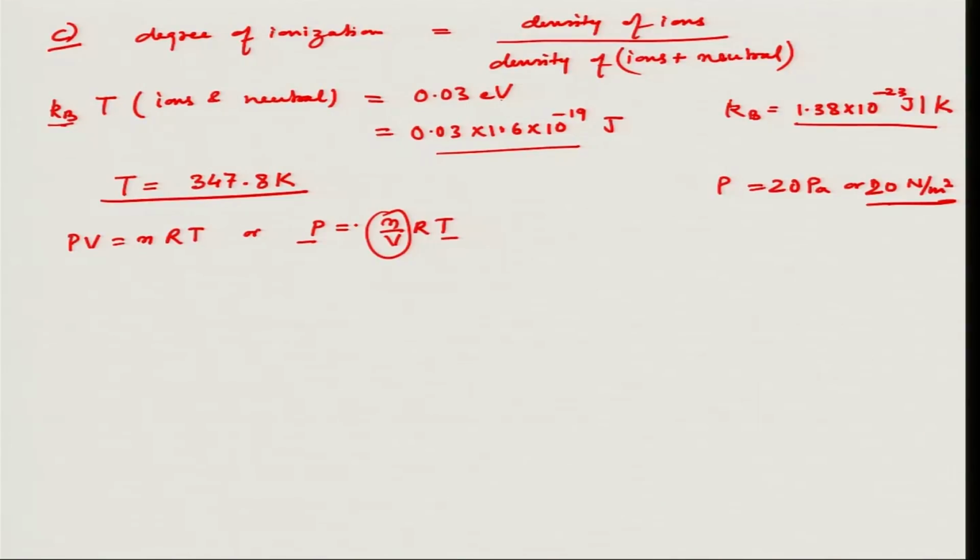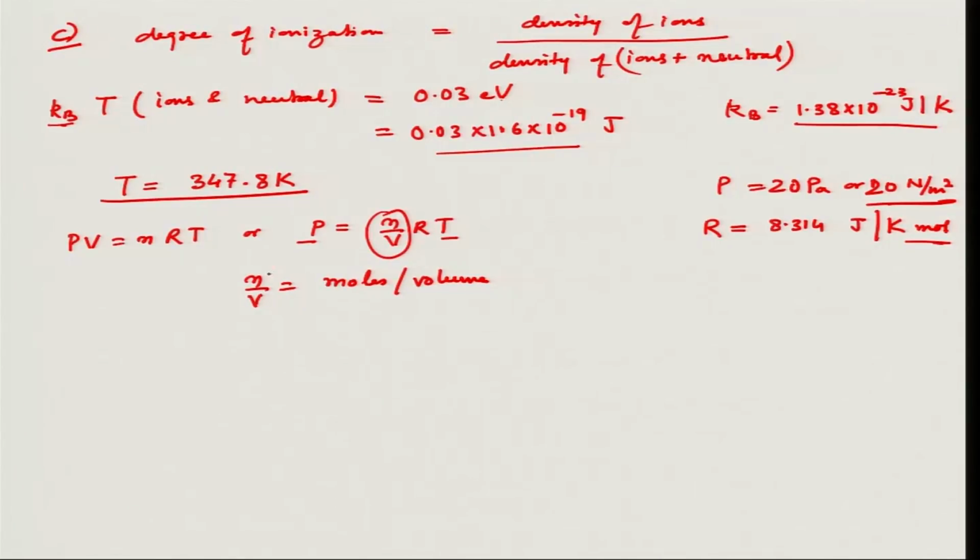R is the gas constant, R is equal to 8.314 joule per Kelvin mole. Since this is in mole, N over V will be moles per volume.